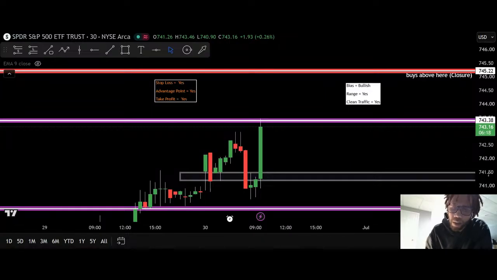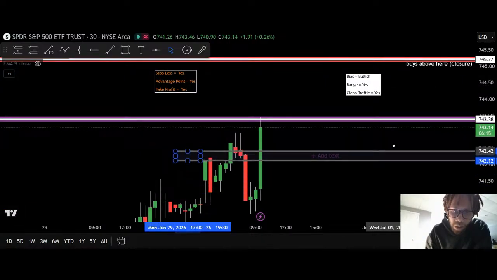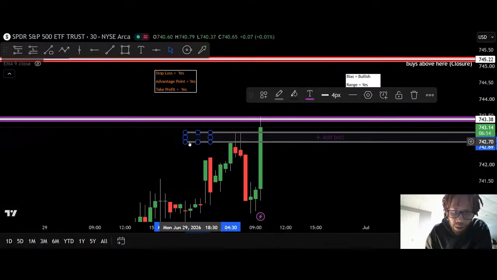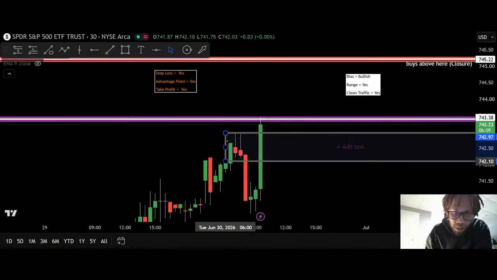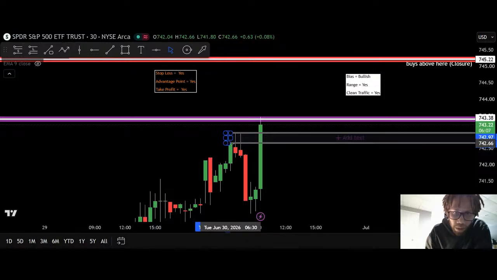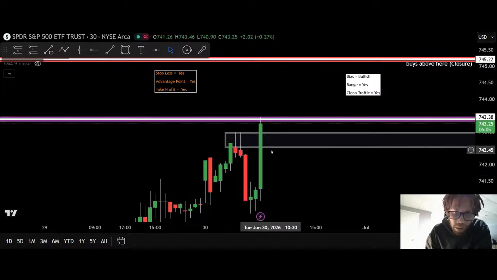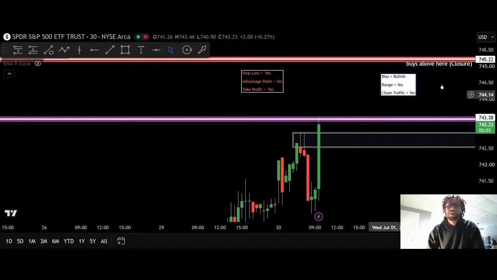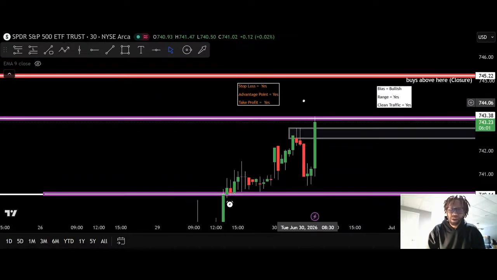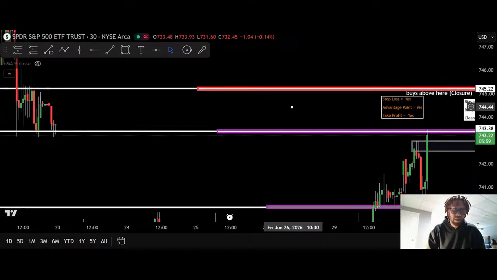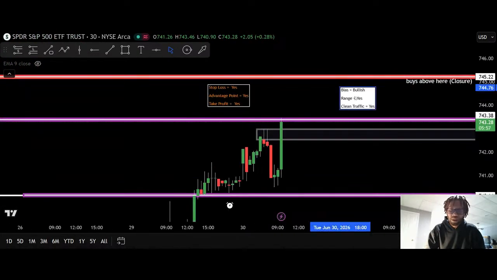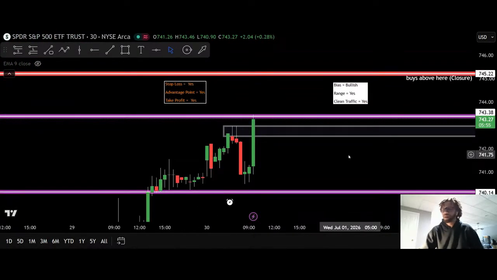So now we're trading at the top of the range. I'm just gonna keep trading above these pre-market wicks. I can see the market continuing up. Just gotta be patient. Wait on price action.